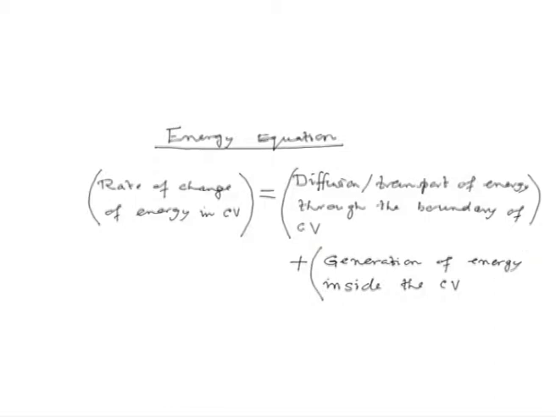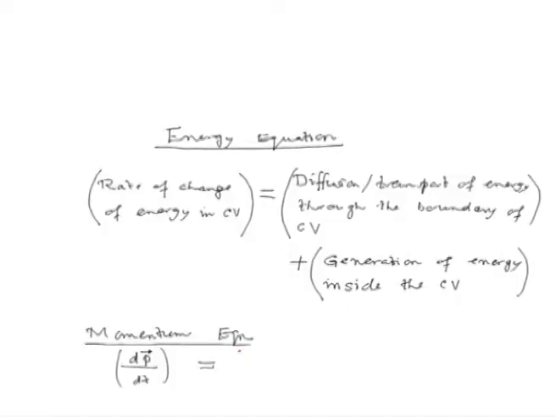In fact, we will find similar sort of things happening in the case of momentum equation. So let us also have a look at momentum equation. What we had, the rate of change of momentum dp by dt. Now this can be caused because of two things. First is we have got a body force which is similar to a source term inside the body. So resultant of body forces.